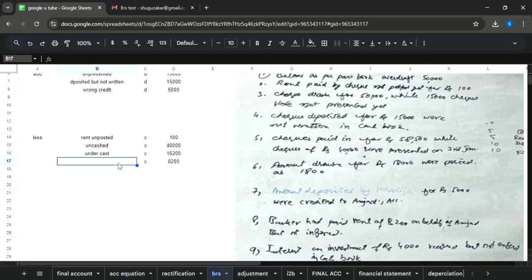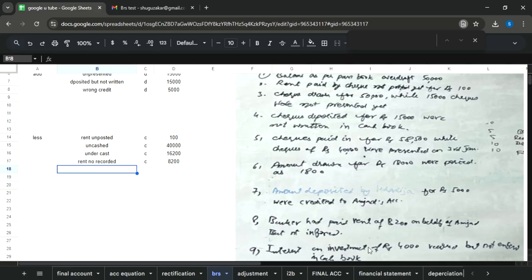So the sentence, you will write it was not recorded. And beside this you may write rent not recorded. Better wording is rent not recorded. Alright guys, 8200 entry, the 8th entry, ended.